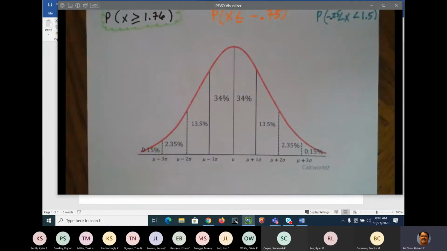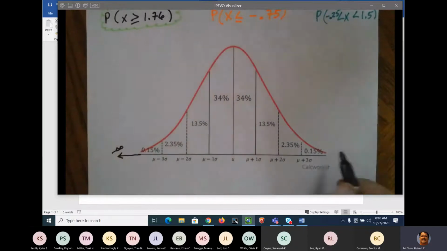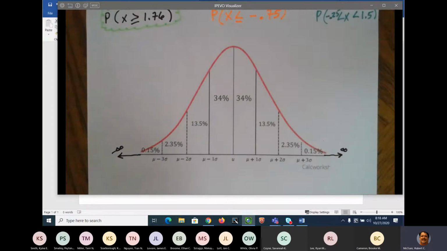Now remember, on the lower side, thank you, Ms. Cameron, this right here is negative infinity. And this up here is positive infinity. But we can't use infinities in the calculator. So we're going to use negative 9999 and positive 9999.